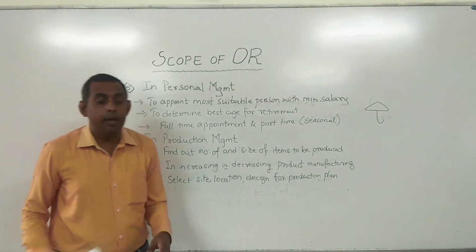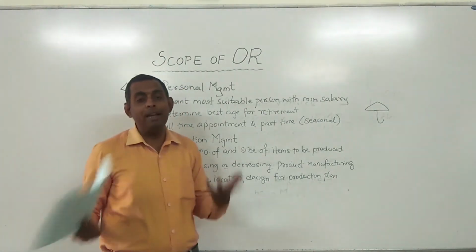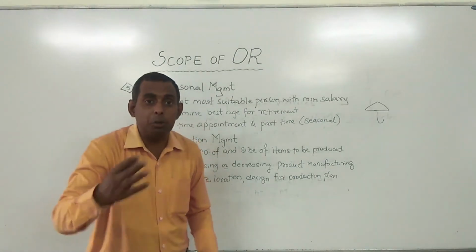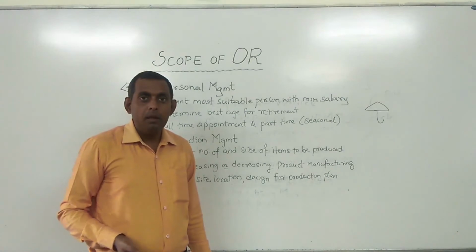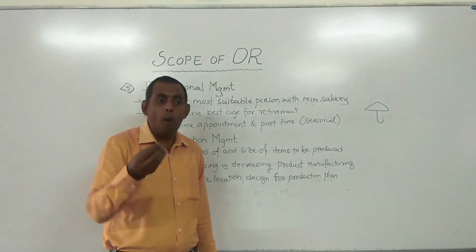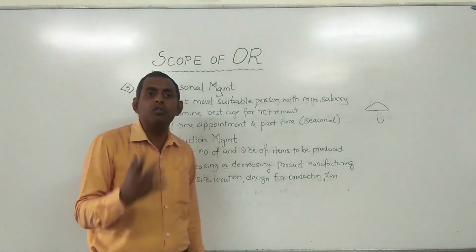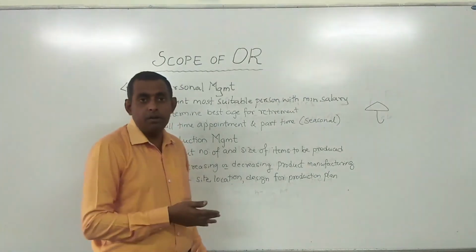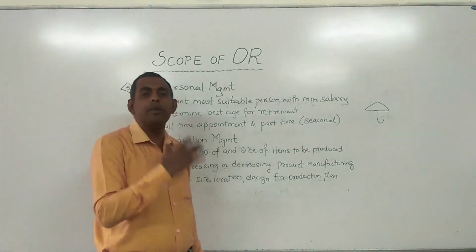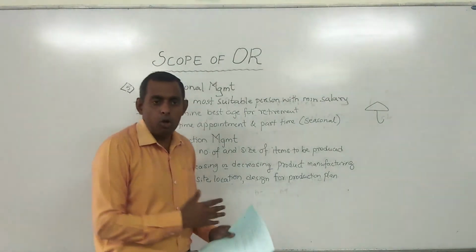Say we are planning a new automobile company and I want to put it in hill stations. What happens in hill stations? There is no proper transportation, and it is very difficult to transport the raw materials and also the finished product to the market. So why is Pune the automobile hub?